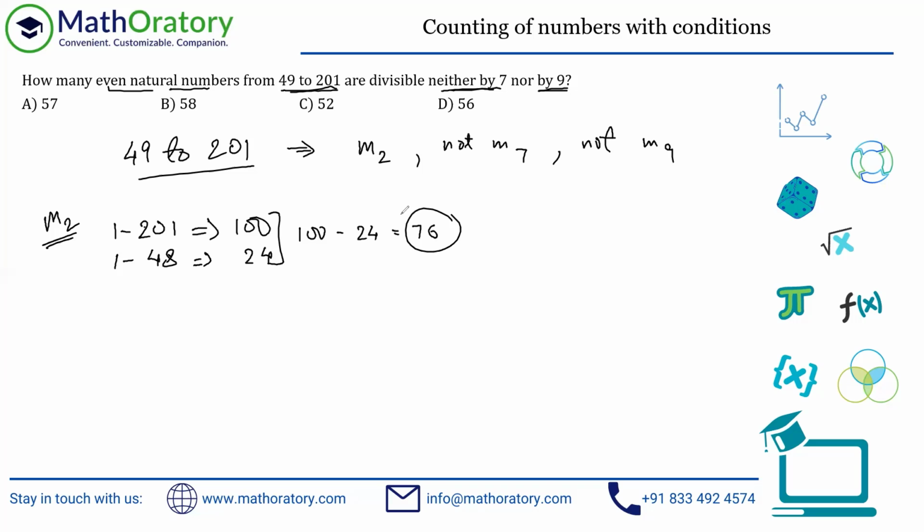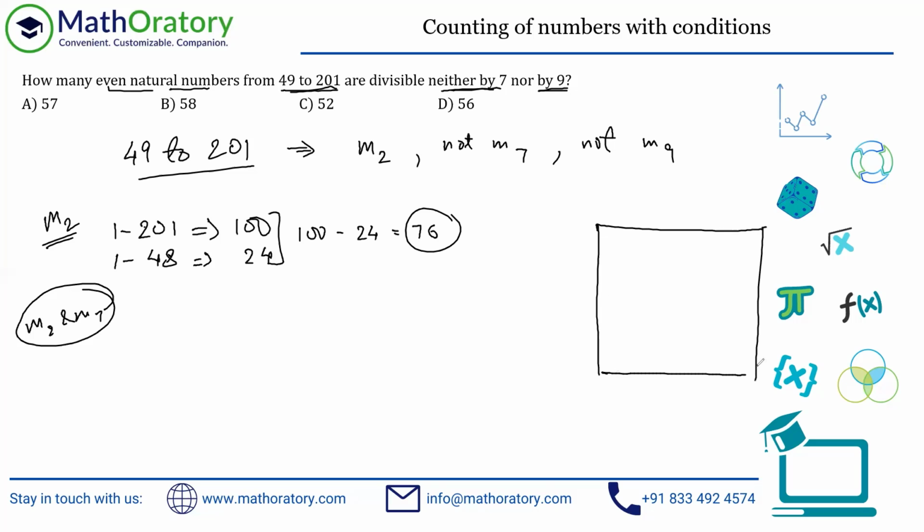Now, among them, there are some multiples of 7 as well. Please understand, we are now into the set of numbers which are multiples of 2. Basically what I've done is, I have taken a universal set which are multiples of 2 from 49 to 201.